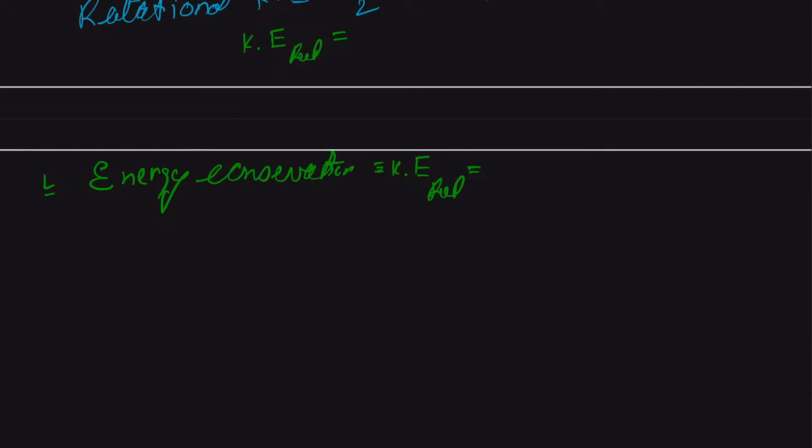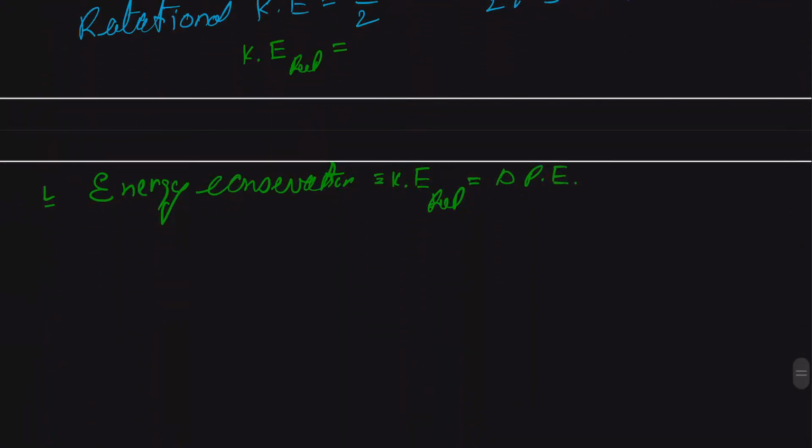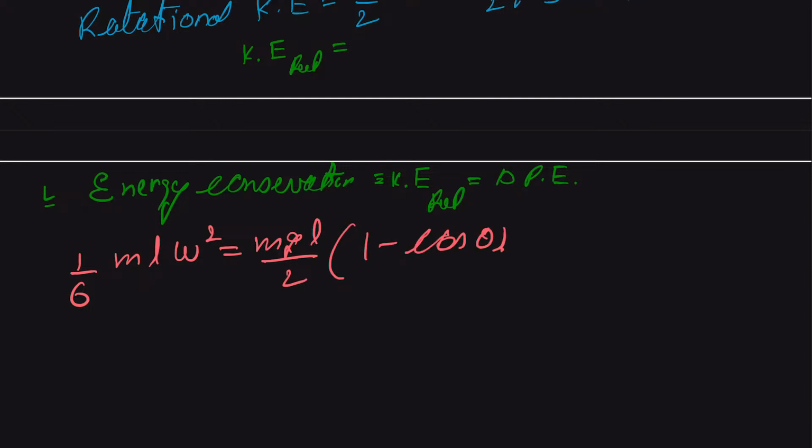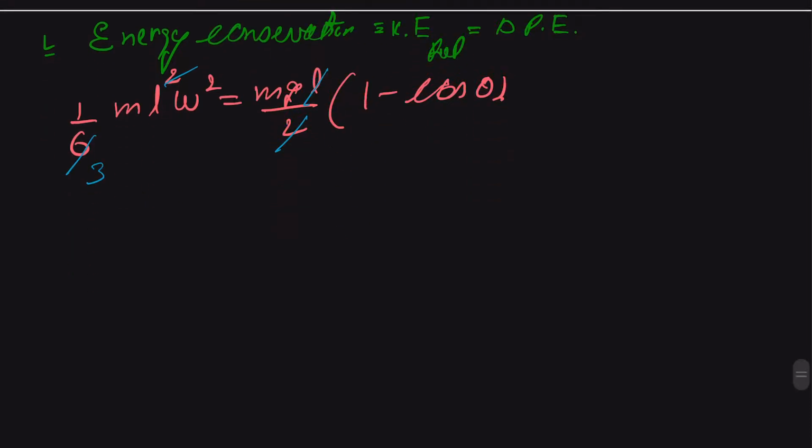So we can say KE rotational will be equal to lost potential energy. So we get 1 by 6 mL square omega square is equal to the potential energy lost, which is mgL upon 2 times (1 minus cos of theta). Here one L cancels, and 6 goes by 3.